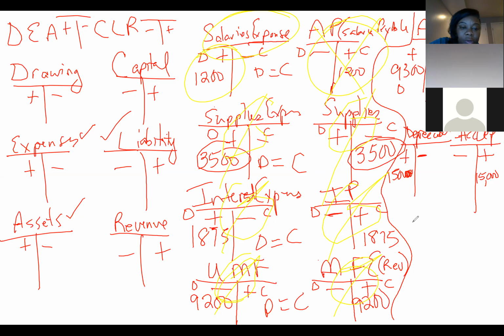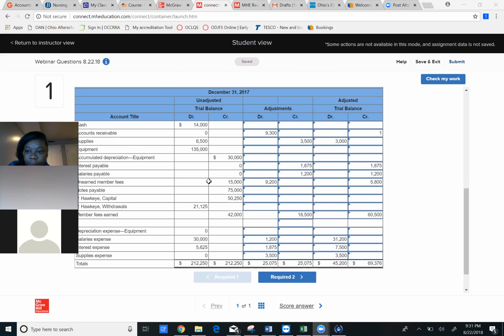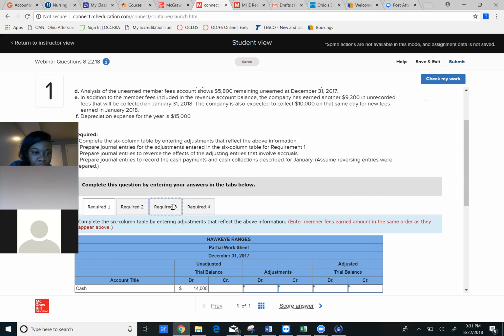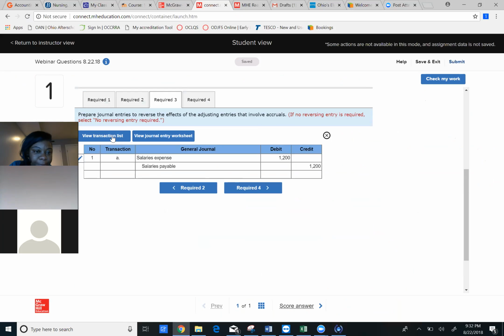Okay. So let me just go back. So then I'm going to add these two to our trial balance that we already created. That way you can have it on the video. And then tomorrow we'll pick up on, let me see what's required. Okay, so 3 is going to be those closing entries.